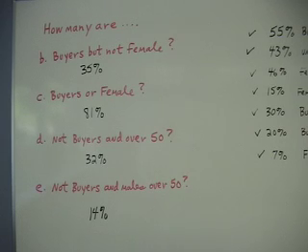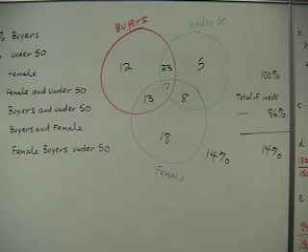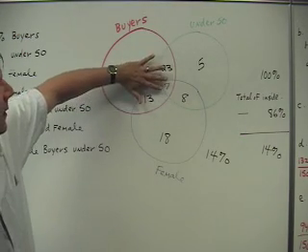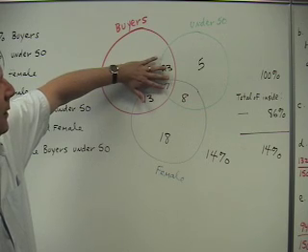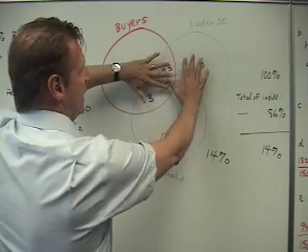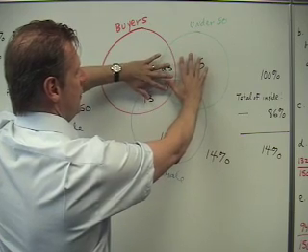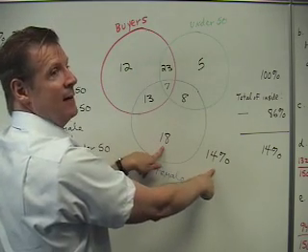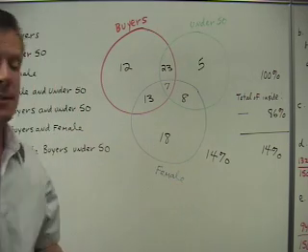For part D, where you're not a buyer and you're over 50, let's see how we got that. If you're not a buyer and you're over 50, that would be nothing here because these are buyers, not a buyer, and you're over 50, so you can't be under 50. So it doesn't include any of these. So my hands are over the pieces. What's left? This 18 and 14. That gives us a total of 32%.